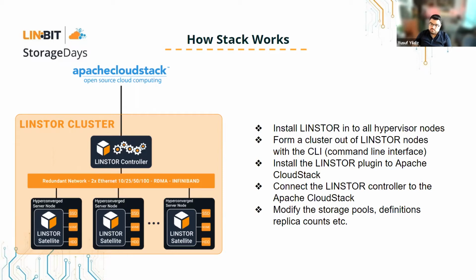So you can have, for example, two-way replication for SSD or three-way replication for HDD storage pools. It's all up to your imagination, because LINSTOR gives you that freedom. You can create different kinds of pools, different kinds of resource definitions, or a caching mechanism within it, for example for the HDD part, and so on.